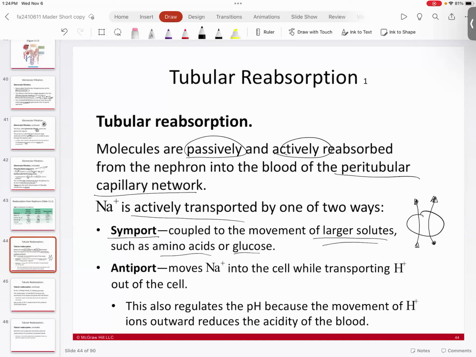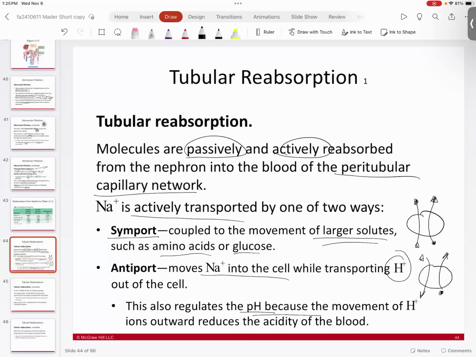Antiporting is basically moving a sodium into the cell while usually taking a hydrogen ion and moving it out. It's an exchange. I'll swap you a hydrogen ion because we're a little too acidic for a sodium, right? And sodium is always useful. This is one of the ways that we can regulate pH. An antiporter is a similar idea: one molecule is moving one way while the other molecule is moving the opposite direction.